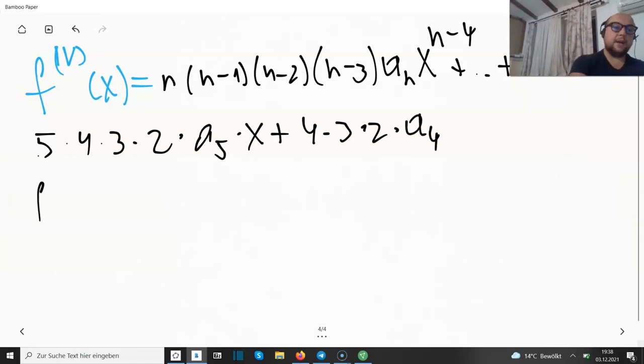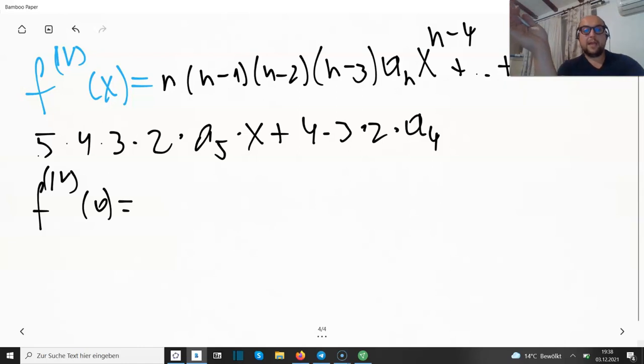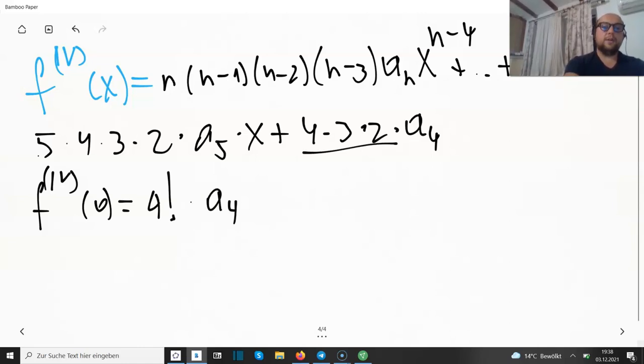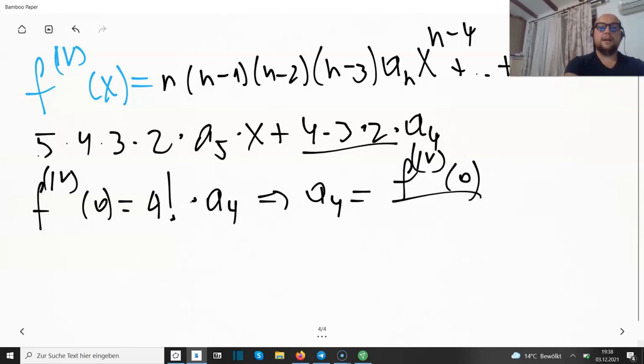And if we now take the fourth derivative and put 0 for x, once again, everything containing x becomes 0. So what we have is 4 factorial, I just shortcut these, times a4. And that means a4 itself becomes the fourth derivative at 0 divided by 4 factorial.